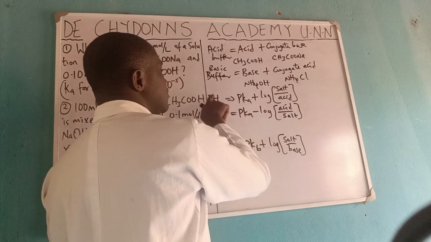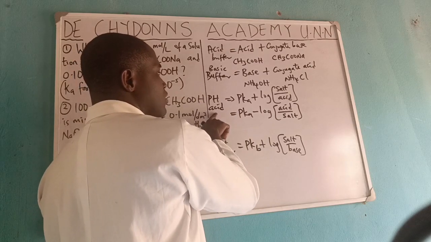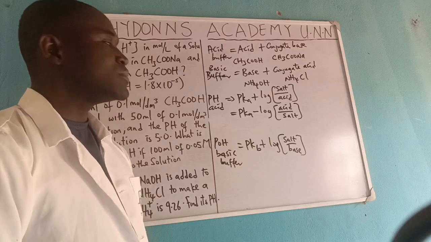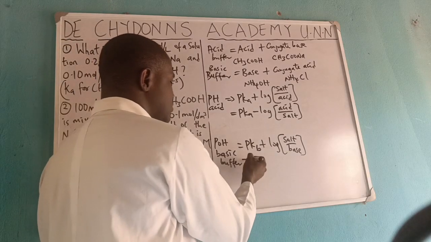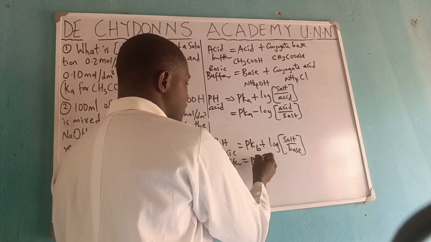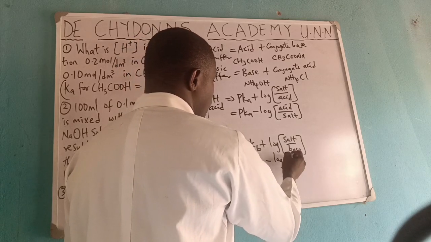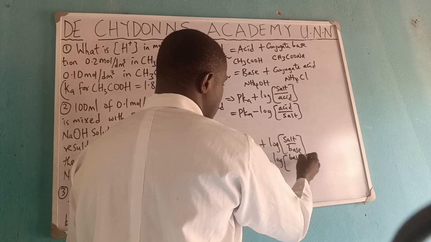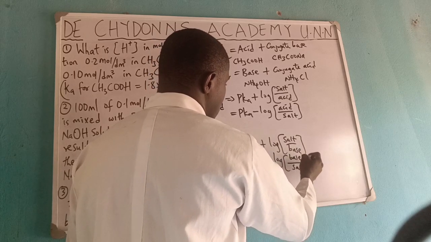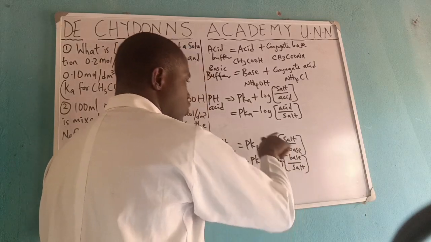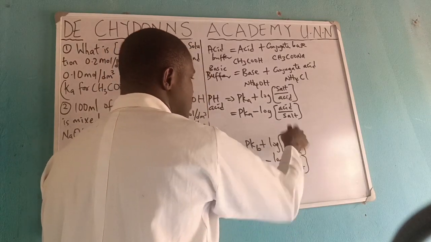So when you see pH of acidic buffer go this way or this way, know that they are saying the same thing. Likewise, the pOH of basic buffer is pKb minus log of base over salt. It is just mathematics. Once you put minus here, you change here. Once you put plus here, it goes this way.